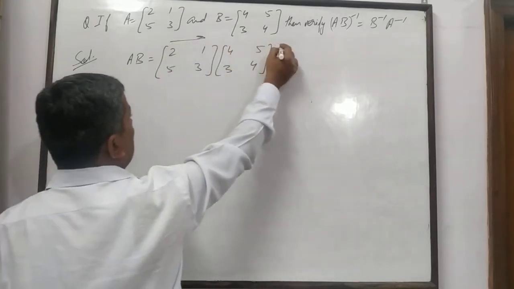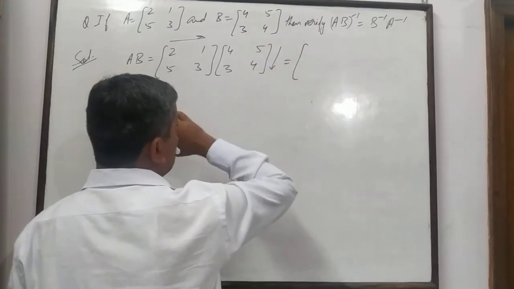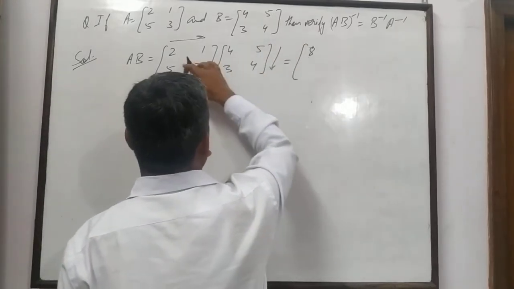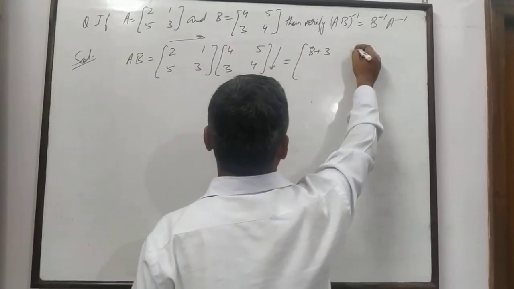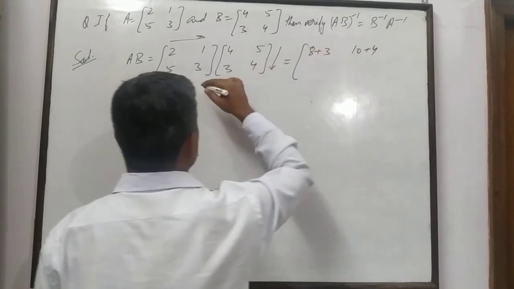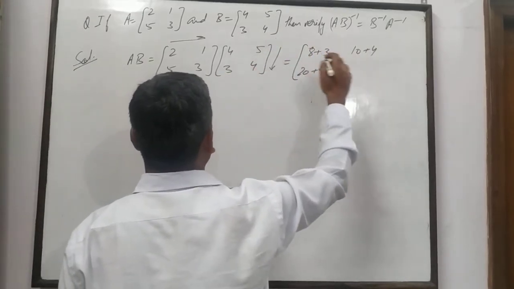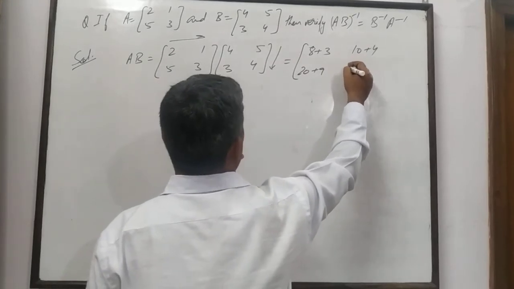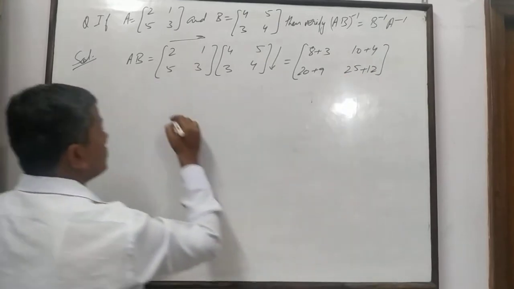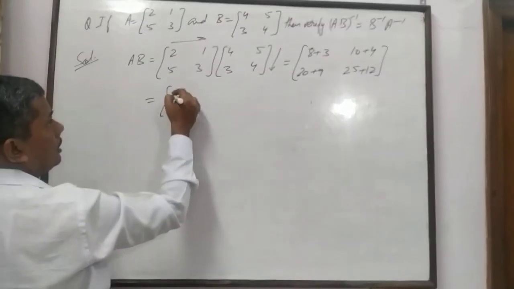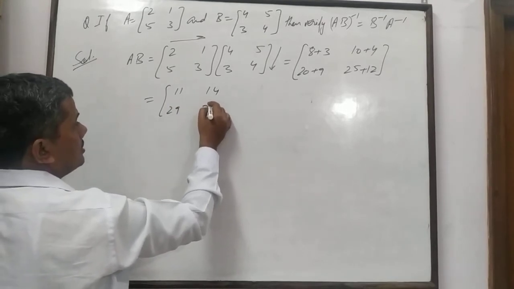So you will have 8 plus 3, 10 plus 4, 20 plus 9, then 25 plus 12. So this is [11 14; 29 37].